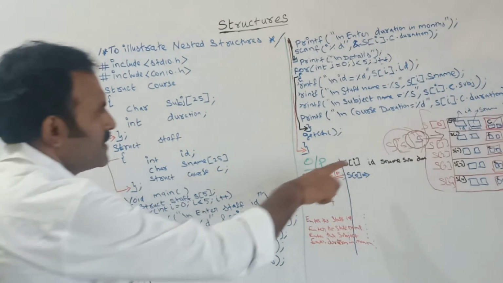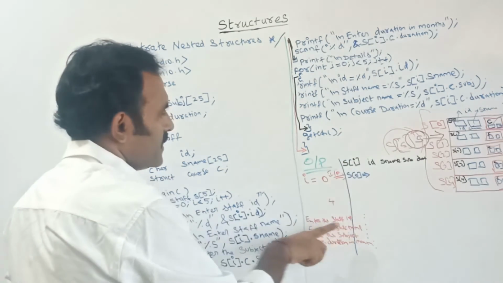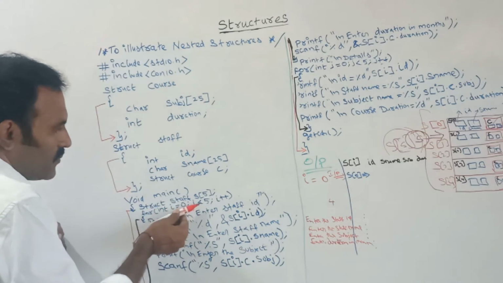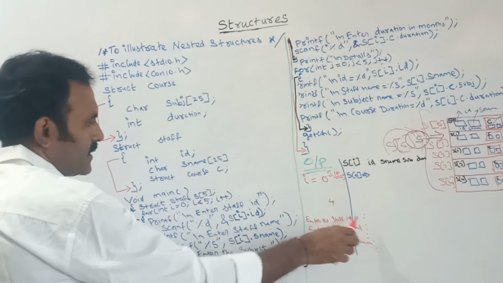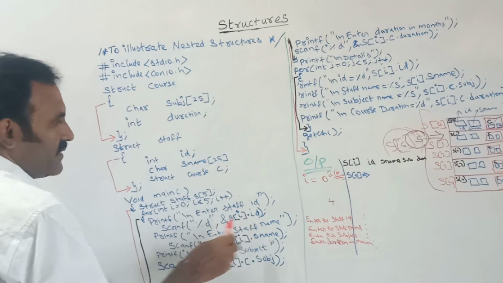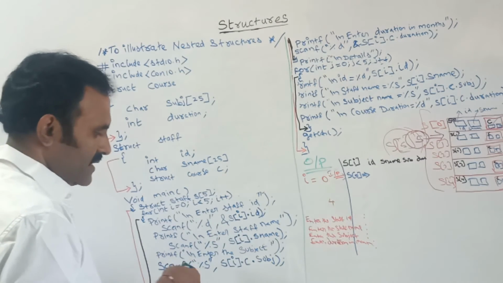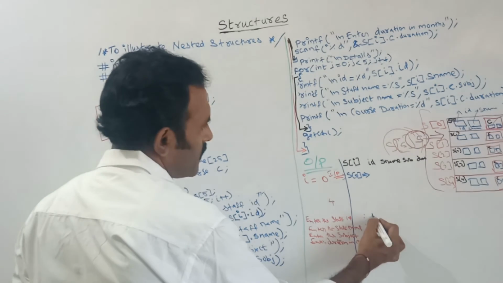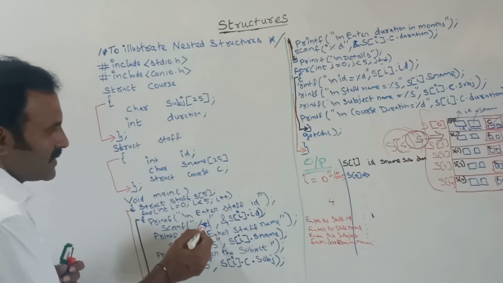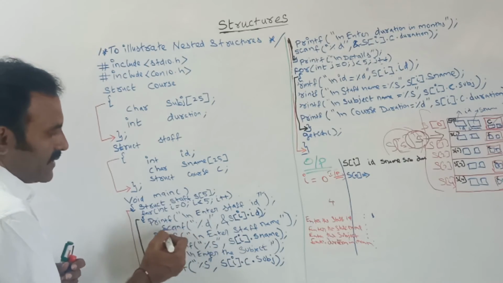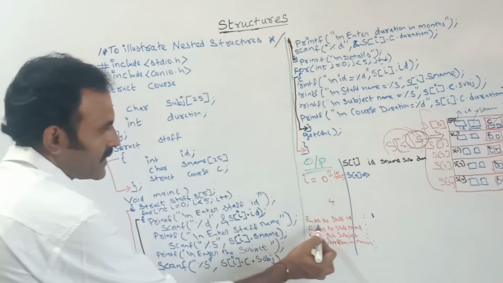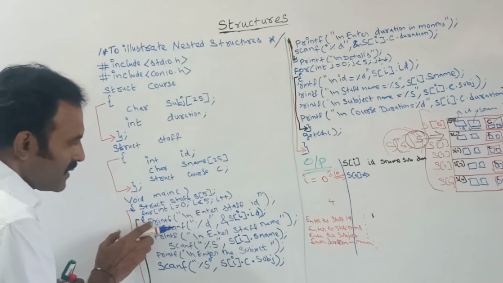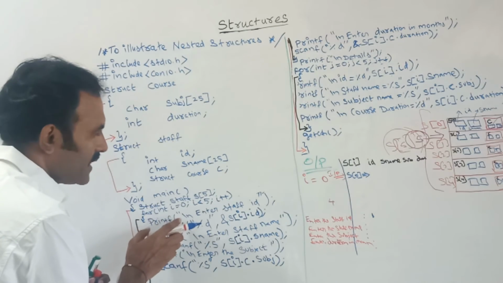See, when I is equal to 0, this condition is true, and I am telling it to print "enter the staff ID". Suppose you are giving the staff ID as 1, then where will this 1 be stored? This printf is just the message, the enter the staff ID statement. The second statement, by the help of the scanf, takes the data you are giving.